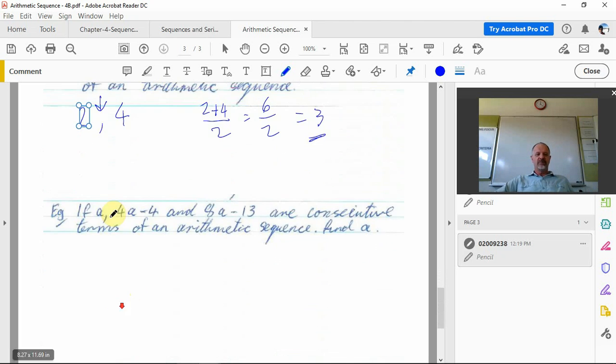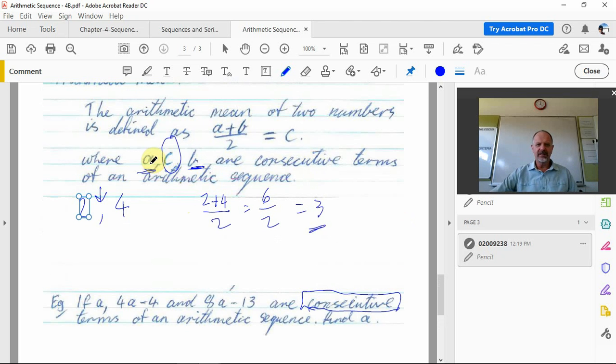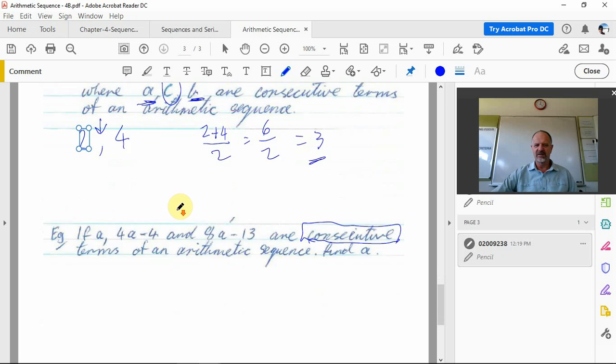So example, if A minus 4 and 8A minus 13 are consecutive terms, so the key thing here, consecutive terms of an arithmetic sequence, find A. So they're consecutive. So as I mentioned up here, for A, B and C, then this C in the middle is the arithmetic mean of these two outside ones.